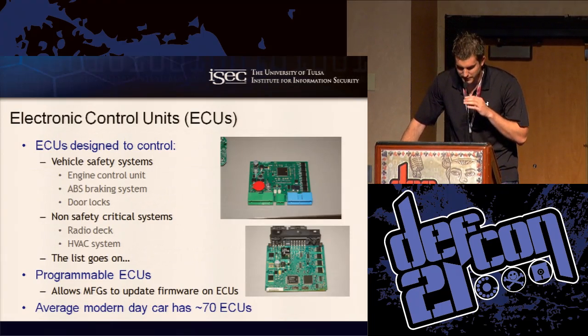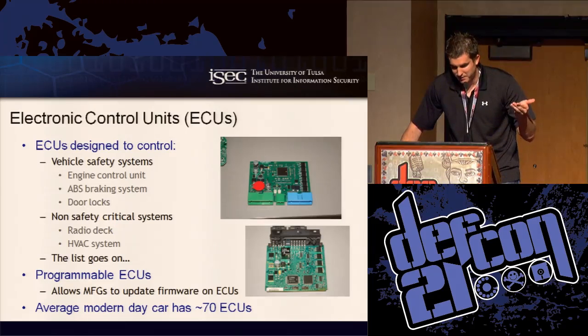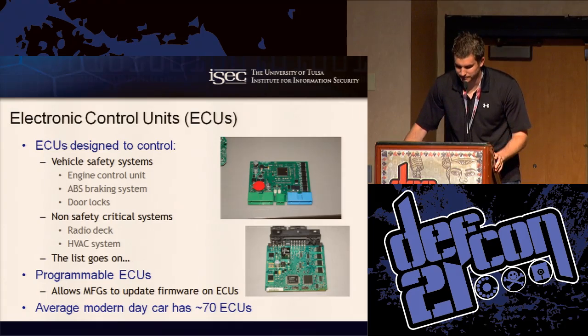And then the actual computer systems on CAN networks, or vehicle systems for that matter, we call ECUs, electronic control units. These are designed to control a variety of features on the vehicle, everything from safety critical systems to non-safety critical systems.